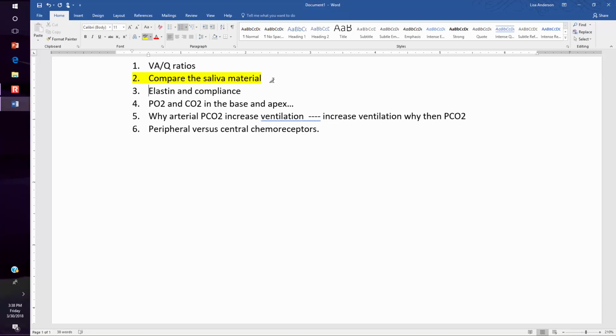I think one thing you should realize is that every single cell is going to have a sodium-potassium ATPase on the basolateral side. And what that means is that there's going to be a gradient for sodium to come in the cell, and for potassium to go out of the cell.